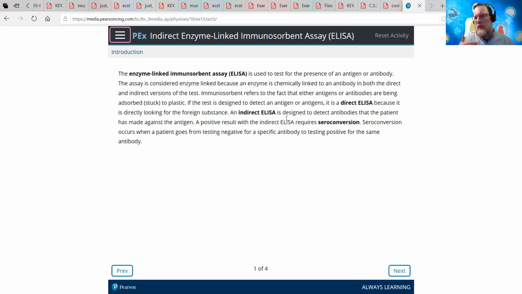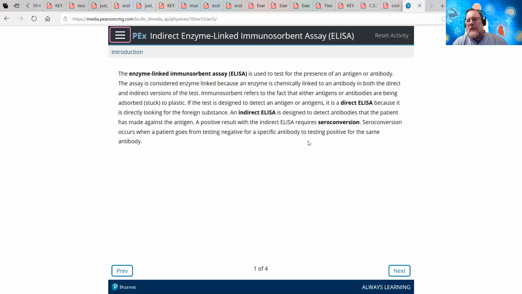So indirect, we're going after the antibodies. Direct, we're going after the specific foreign substance. We're going after the virus. We're looking for the antigens on the surface of the virus or bacteria. Whereas indirect, we're looking for the antibodies that you produced to fight off the virus.